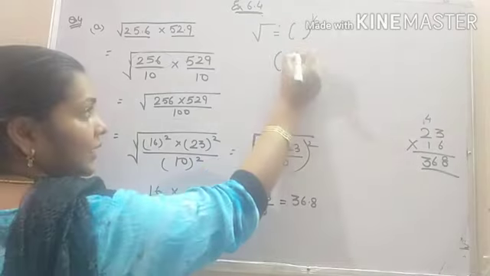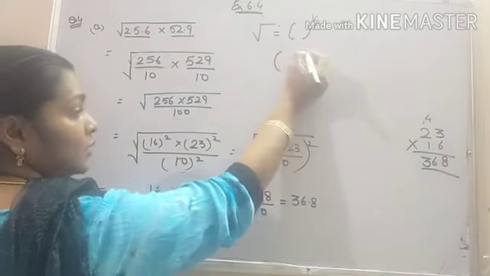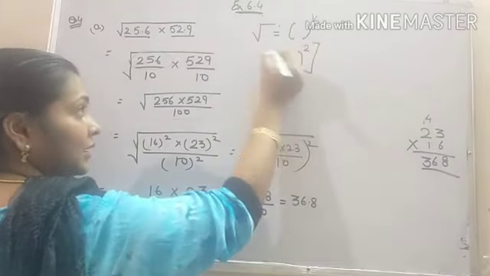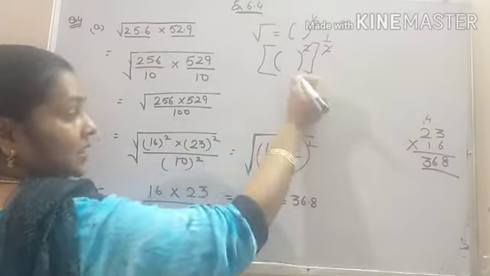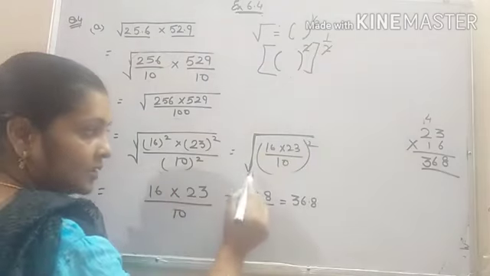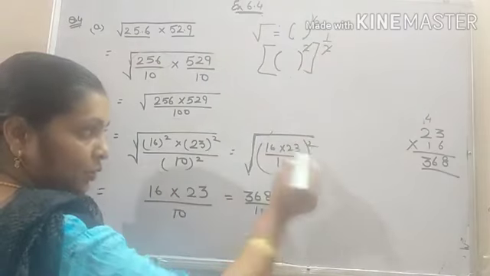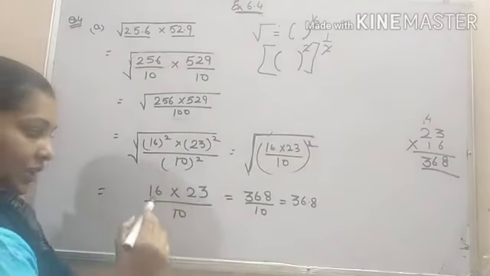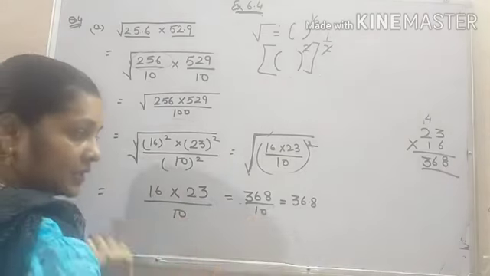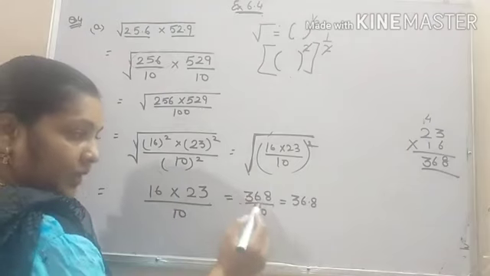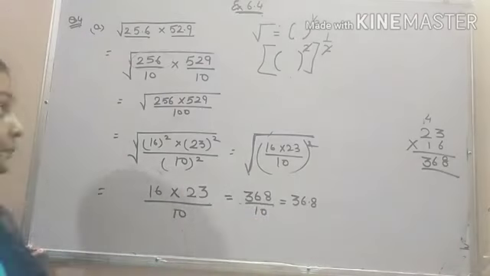And you know that if something is whole raised to the power 2, then whole raised to the power 1 by 2, they will be cancelled out, it will become 1. In a similar way, we have cancelled this root by 2 and get the value as 16 into 23 by 10. And the answer comes out to be 36.8.